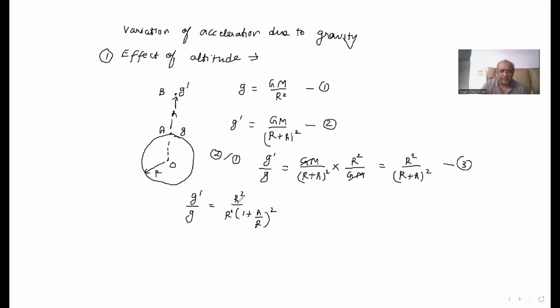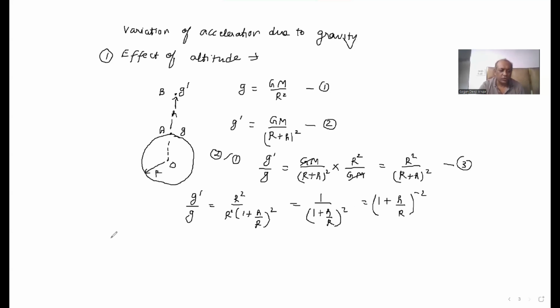So this R square will get cancelled in the numerator and denominator. So what we have is 1 over (1 plus h by R) whole square. Now I can take this (1 plus h by R) whole square into the numerator. So what I'm left with is (1 plus h by R) raised to the power minus 2.